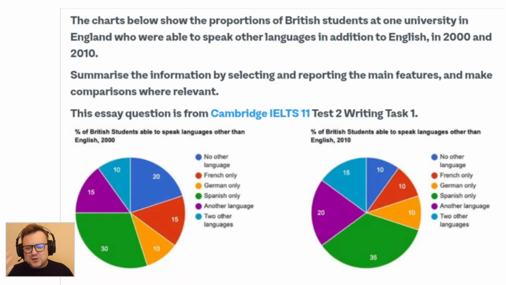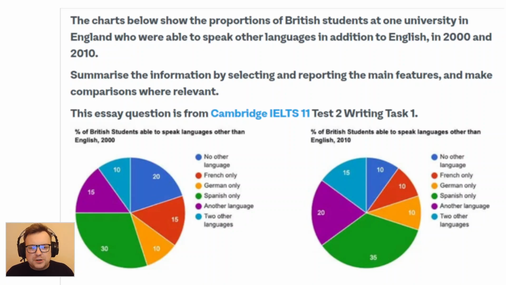Some of them say the charts below show, some of them say the charts below illustrate, some of them say the charts below demonstrate or something like this. Look at the wording from all of the different IELTS writing task 1s. You can steal the language from the other writing task 1s. It's a very common hack, but okay.